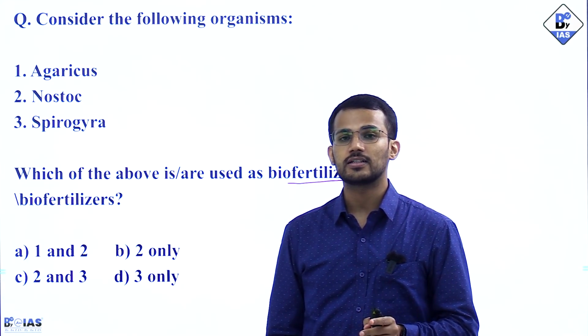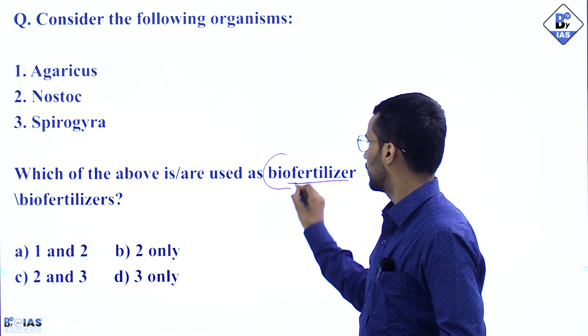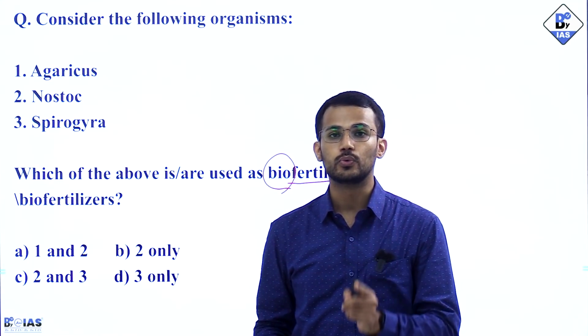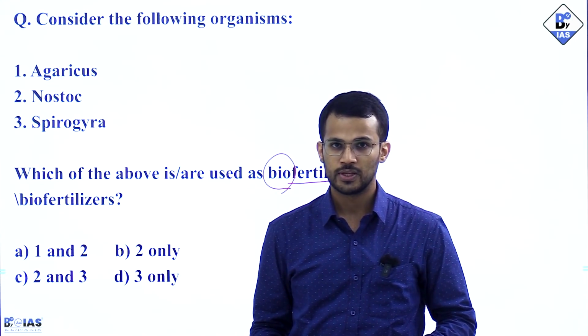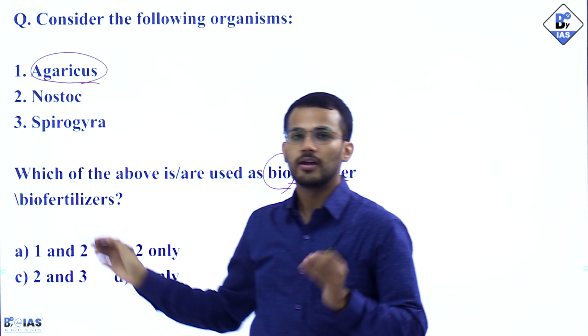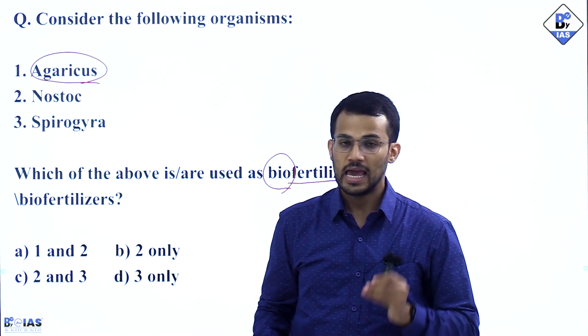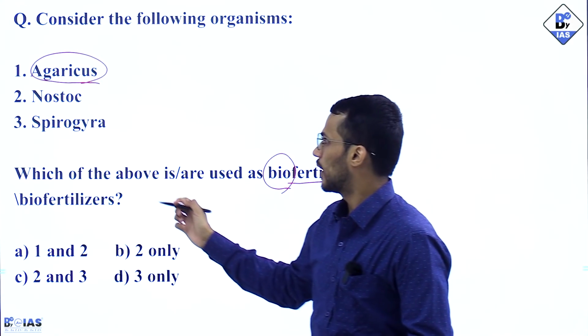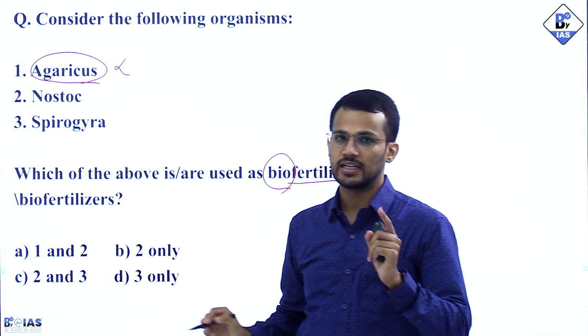So biofertilizers are those organisms which can be added to soil to increase the availability of nutrients in that particular soil. Out of these three, Agaricus is a common mushroom and it is not used as a biofertilizer. And that's why the first is incorrect.